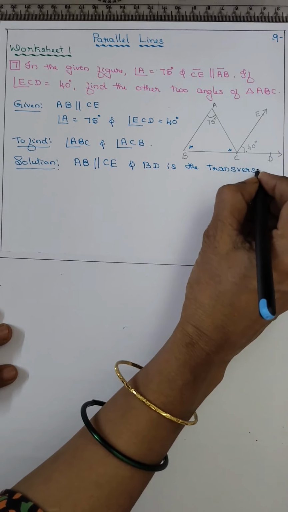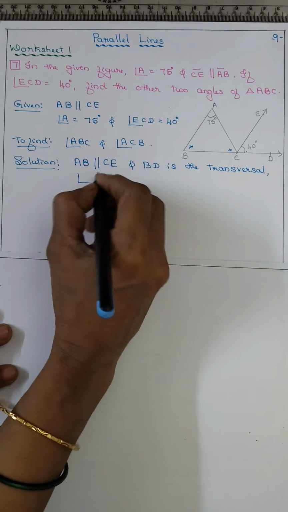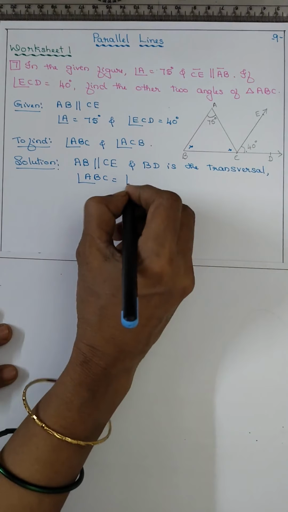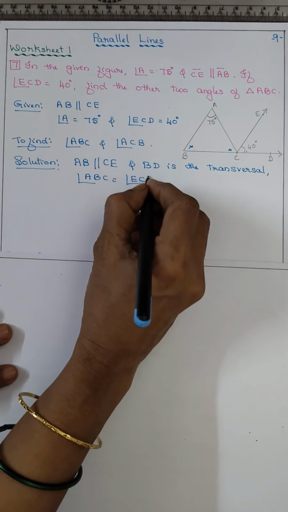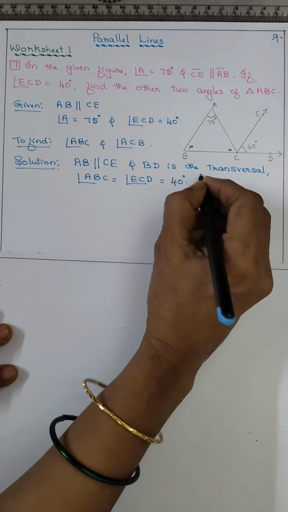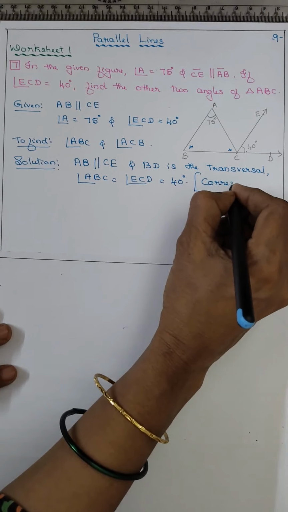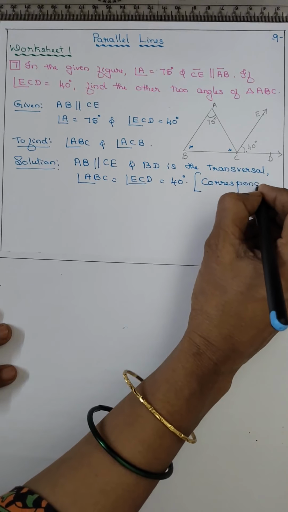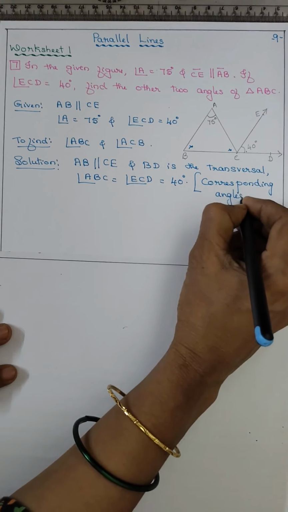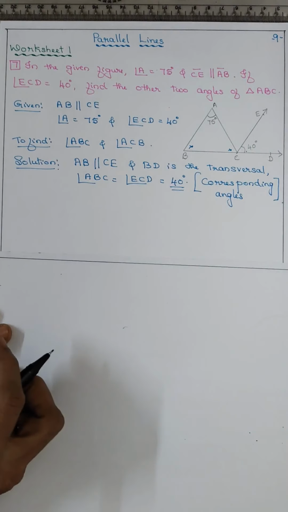If you take it like that, angle ABC is equal to angle ECD, that is 40 degrees. Which type of angle? Corresponding angles. In parallel lines, corresponding angles are equal, isn't it? So you got angle ABC.